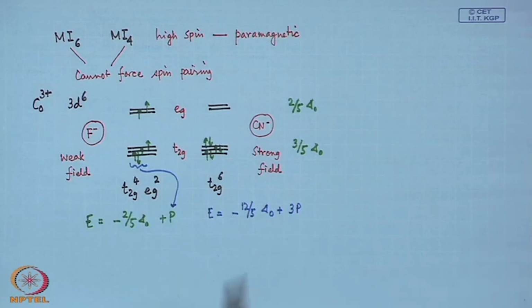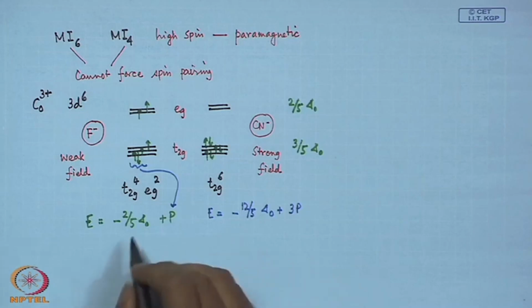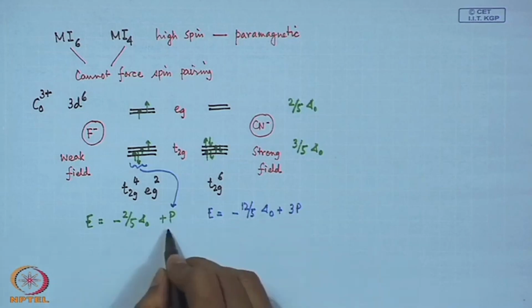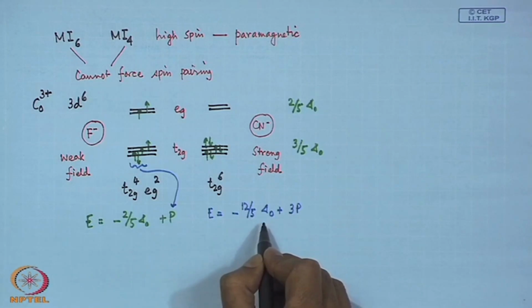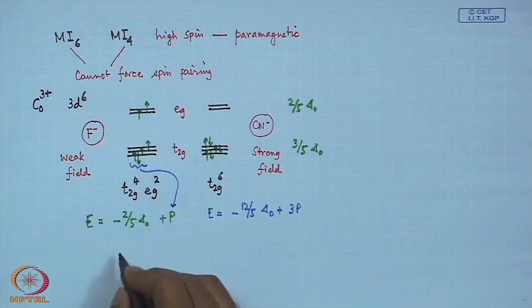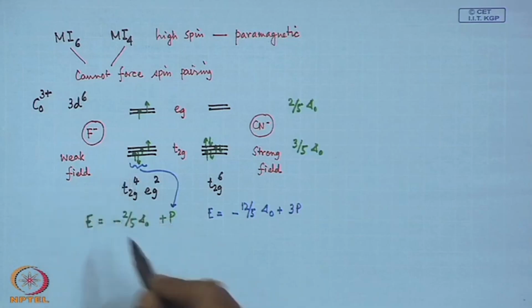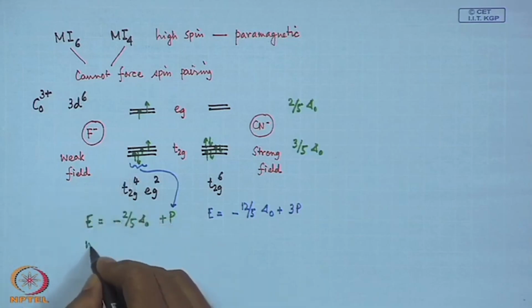So this is the situation of a weak crystal field. This will be the balance between the pairing energy and the corresponding splitting.